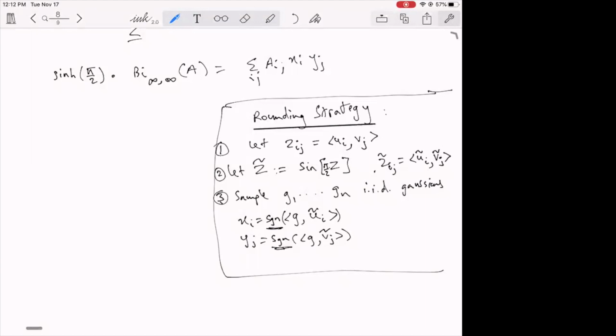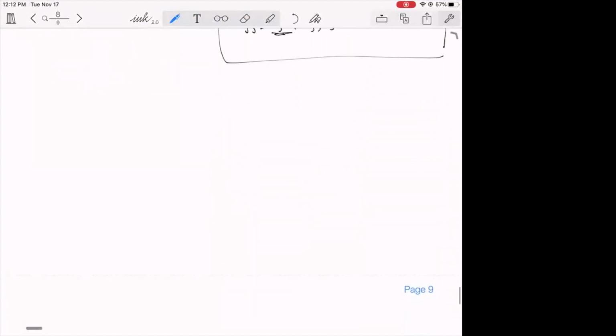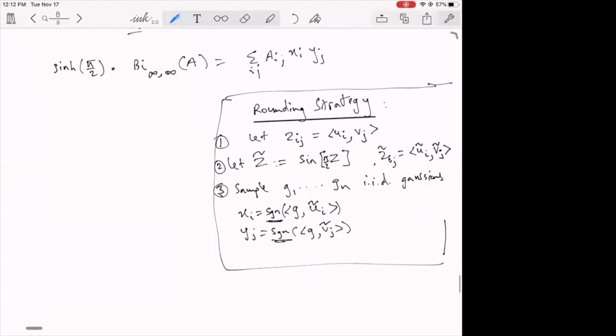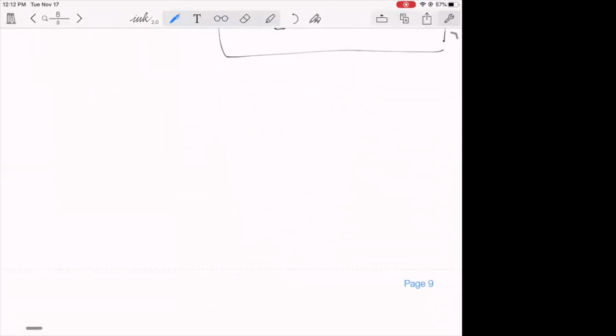So the analysis is as follows. As earlier, recall that we can rewrite the maximum over the hypercube as the maximum over the convex hull of the vectors xy transpose.